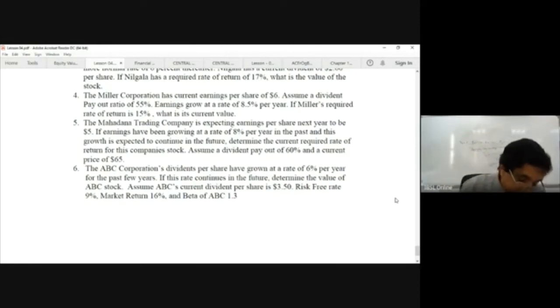Right now, I think some people have arrived at the required rate of return, that is 18.1. So with that, you will be in a position to calculate the stock price.